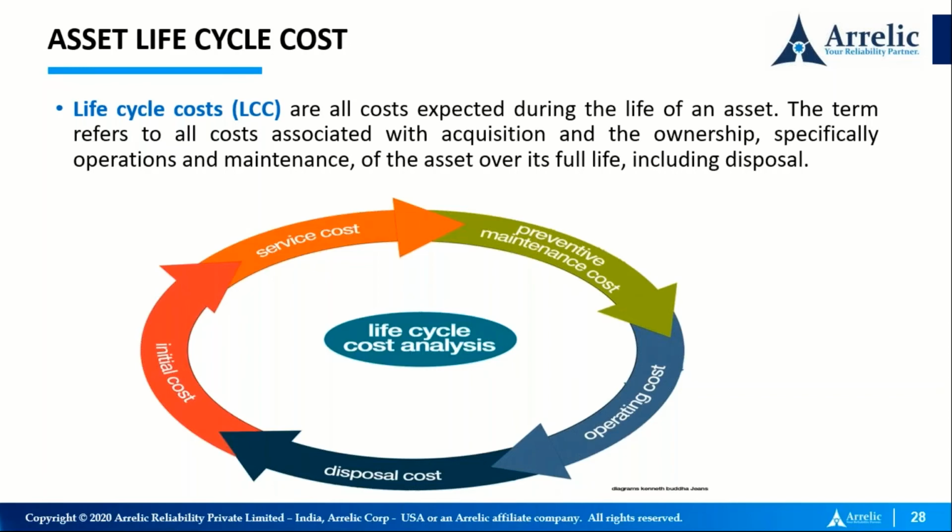Then there is some service cost, there is the preventive maintenance cost, there is operating cost. We take all of that into consideration all the way until the plant is ready for disposal. And there is also some disposal cost that we need to bear in mind. We add all these together, this becomes the total life cycle cost.